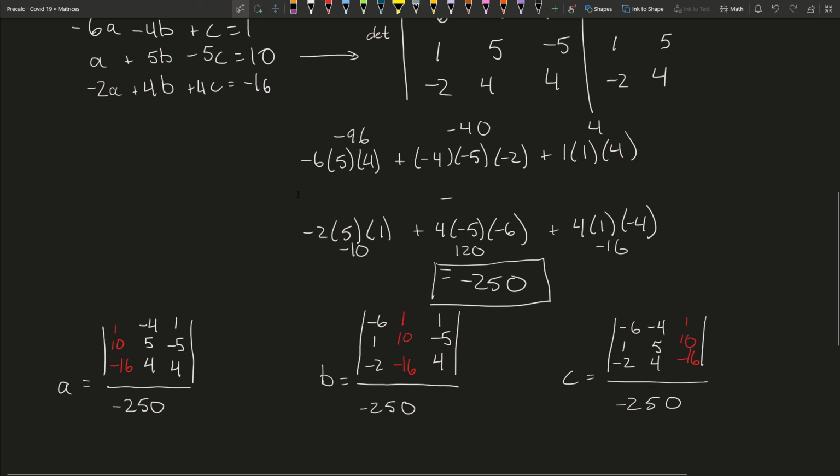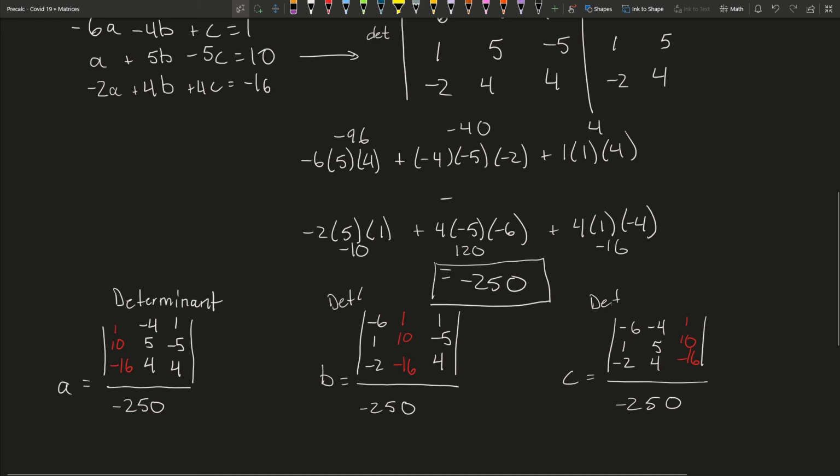And then for A, B, and C, instead of taking each of these determinants by hand, you can use a calculator and get the numbers for them, right?